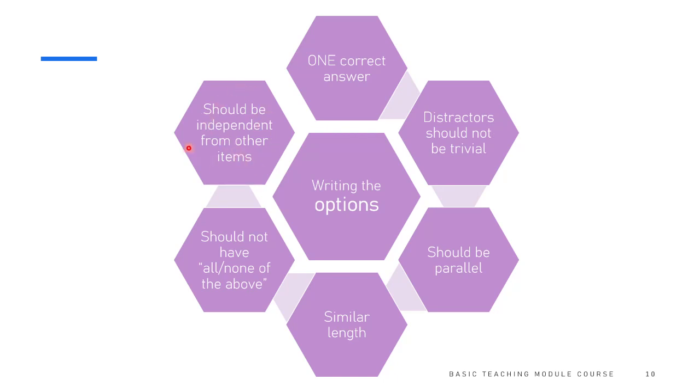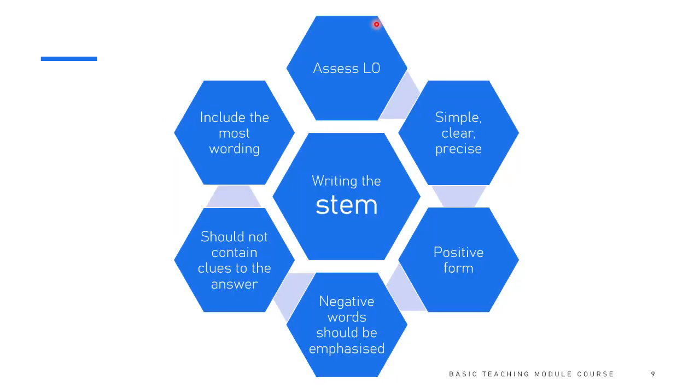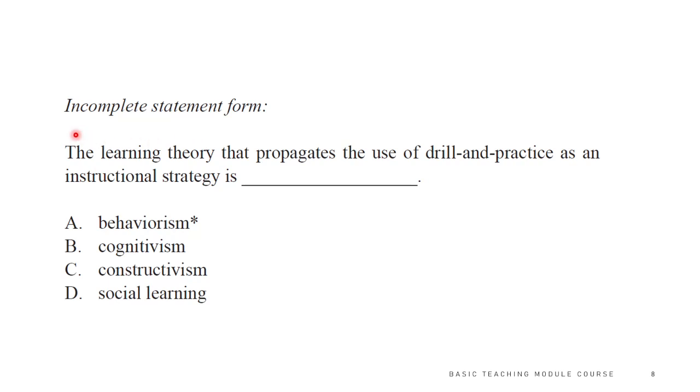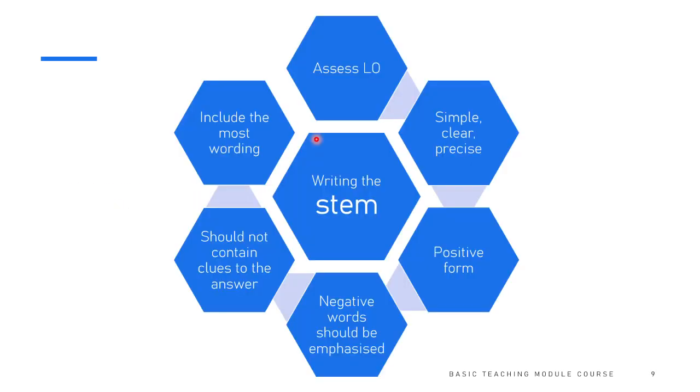Okay, meaning to say that the MCQ question should not be dependent on another question. For example, you don't ask, based on your answer in the previous question, choose the next answer related to your previous answer. That one is a bad question and should not happen.